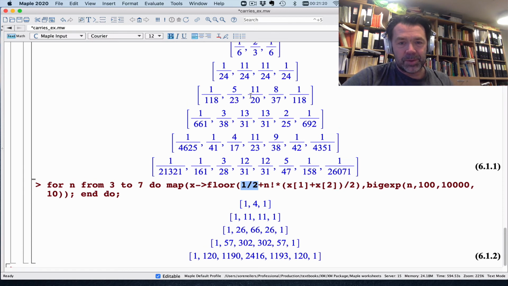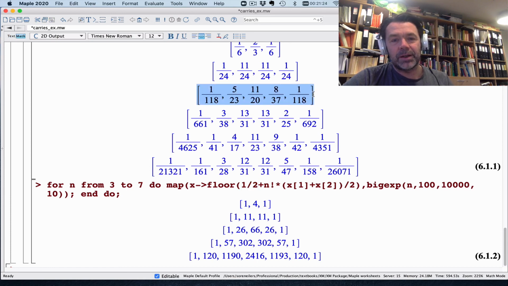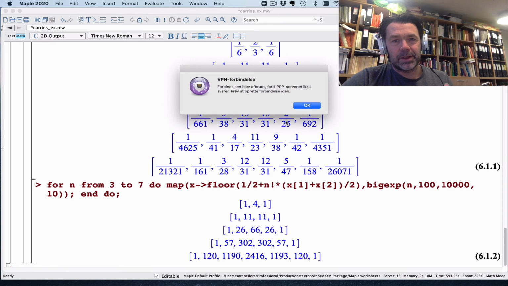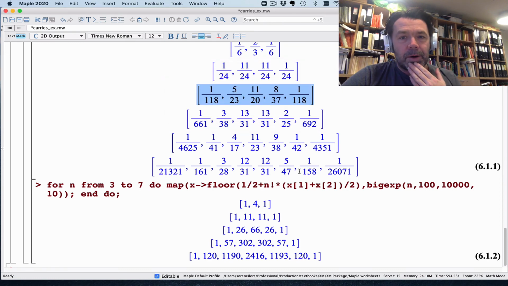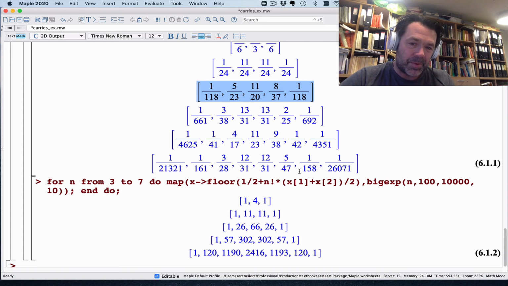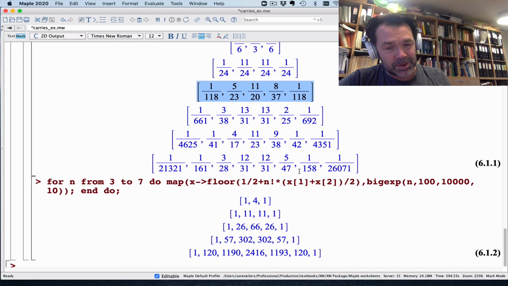And so that should somehow convince us that the numbers that we're seeing here are in fact supposed to be 1 over 120, 26 over 120, and so on. Of course, this helps my computation because I'm helping Maple to say, okay, this is supposed to be an integer over n factorial.